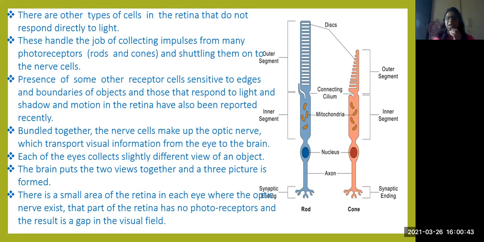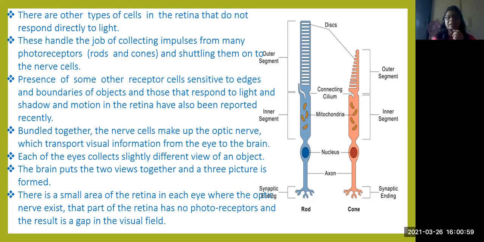For that purpose, the other types of pigments also are helpful, but they won't directly enter into the activity of the absorption of light.